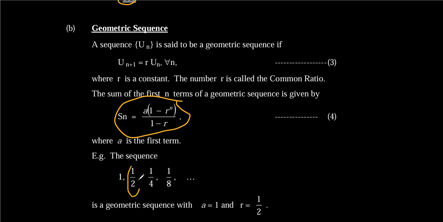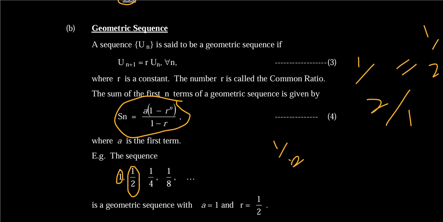Let me take the preceding term and the next term. 1 over 2 over 1 gives me 1 over 2. Then 1 over 4 divided by 1 over 2 gives me 1 over 4 times 2, which is still 1 over 2. You can do it about 3 or 4 times and realize that it's all consistent, then you can confidently say it's a geometric sequence.